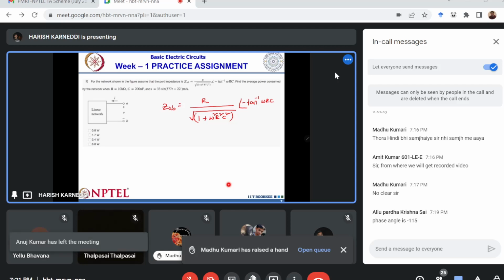He has given the impedance seen from the port. Find the average power consumed by the network.